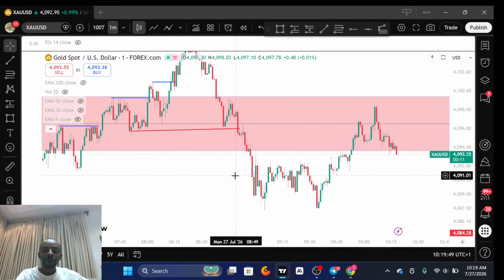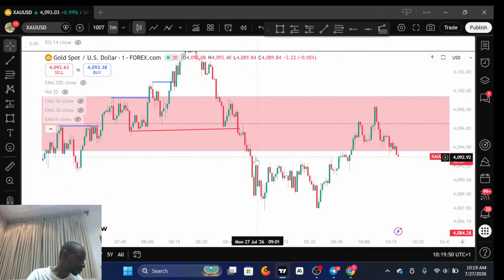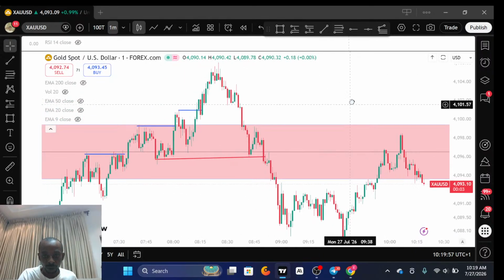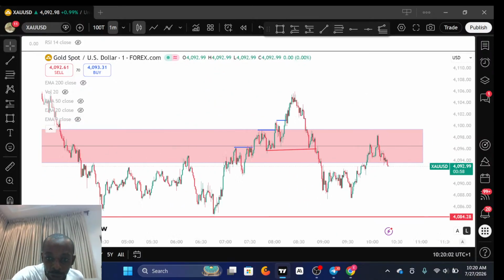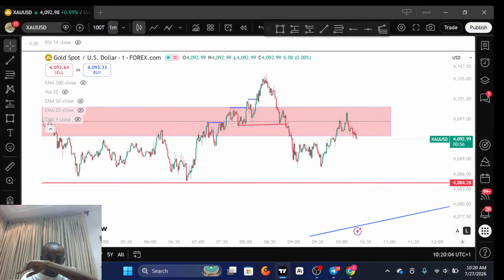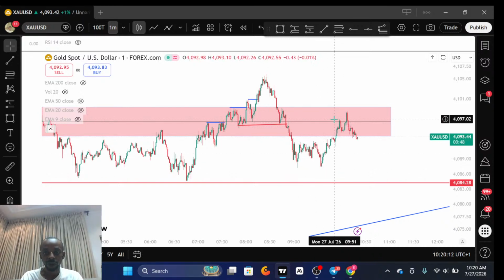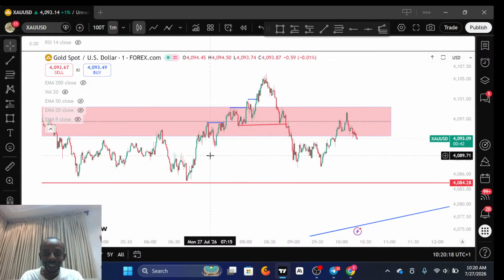That means we are going to be looking at sell. We're not going to be looking at buy anymore. For you to have a sell, the market must retrace back. But on a general view, you cannot be sure of sell because the market might just retrace back and lure you inside, you enter. So you must wait for a clean change of character.